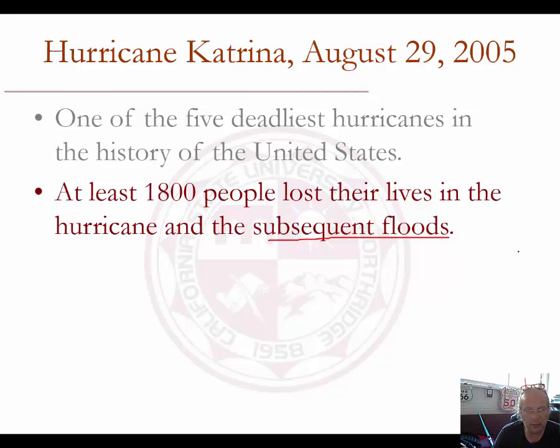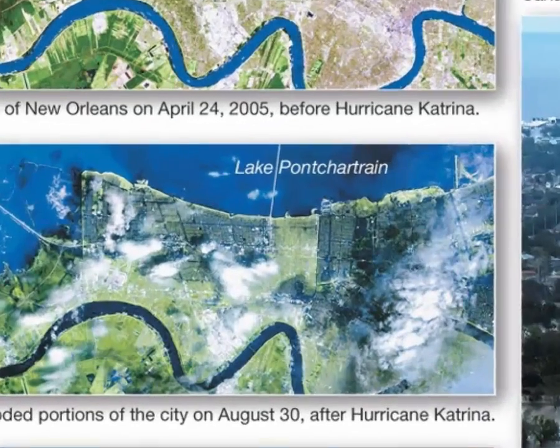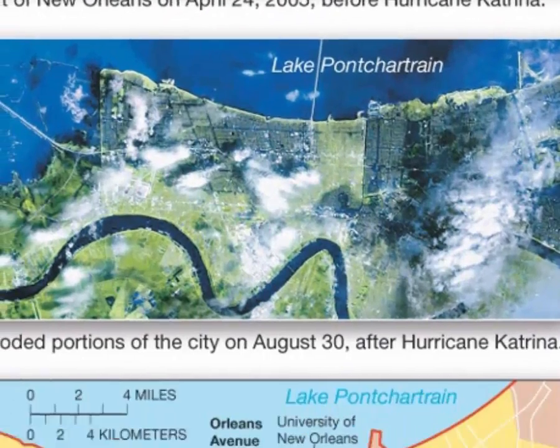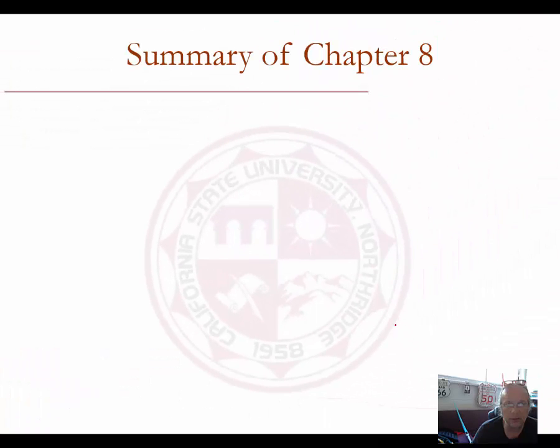Sometimes the flood is part of a storm surge as the hurricane makes landfall, and sometimes it's from the rains that fall and come back down the rivers or just overwhelm the storm system. This is a photo of what happened here. There were levee breaches along Lake Pontchartrain, and the city filled with water in many of the lower, especially the poorer parts of town. Many parts have never recovered to this day.